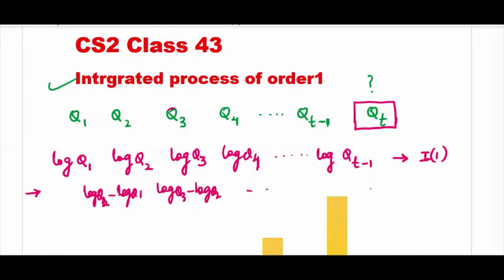That way, you find log Q(t-1) minus log Q(t-2), that way. Because this is I1, this is stationary. So this is data. You apply log transformation, then difference once, you get the series.